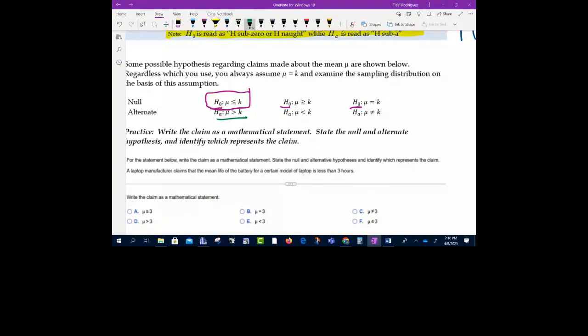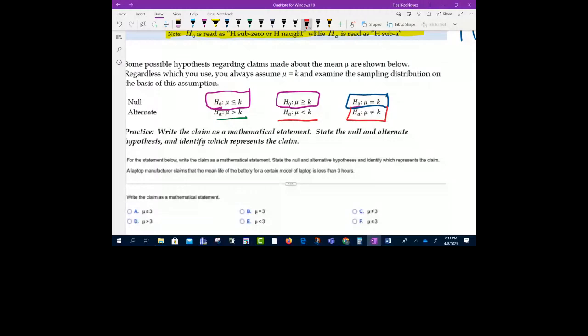If I said that there is 12 ounces or less of water in my cup, then the alternate would be there has to be more than 12 ounces. Same thing right here, y'all. The H0 says it is bigger than or equal to k. The HA says it is less than k. Again, the H0 says it's equal to k. The opposite, it is not equal to k.